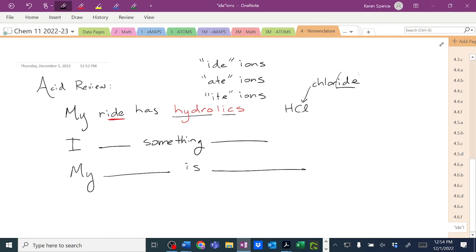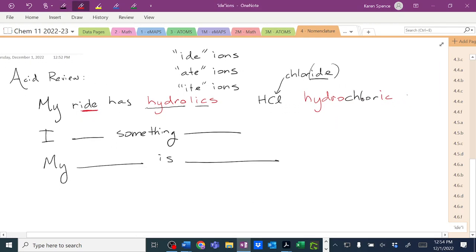Let's get rid of that little "ide" there, just use the chlor. And we would have hydro, and then we put the chlor in the middle, chlor, ic, and then we always put the word acid on the end: hydrochloric acid.